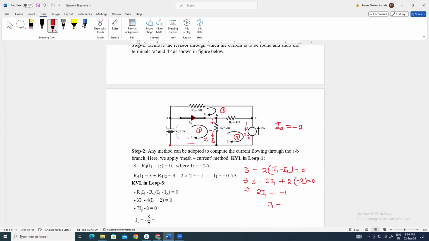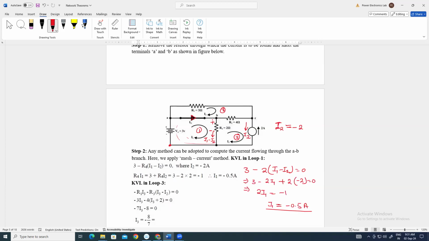So I1 is equal to minus 1 by 2, that means minus 0.5 ampere. That is I1. So we have evaluated I1 and I2. Now by using another simple equation, we can easily calculate the value of I3.